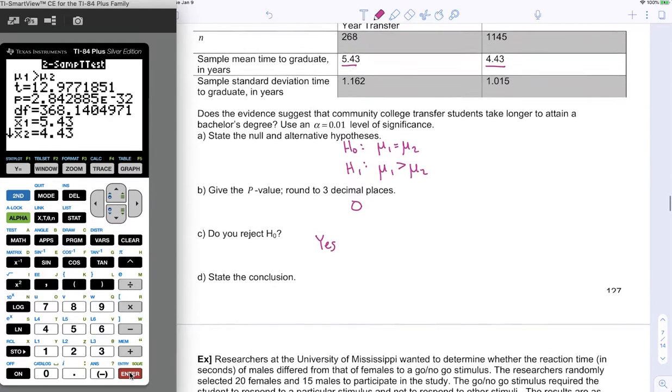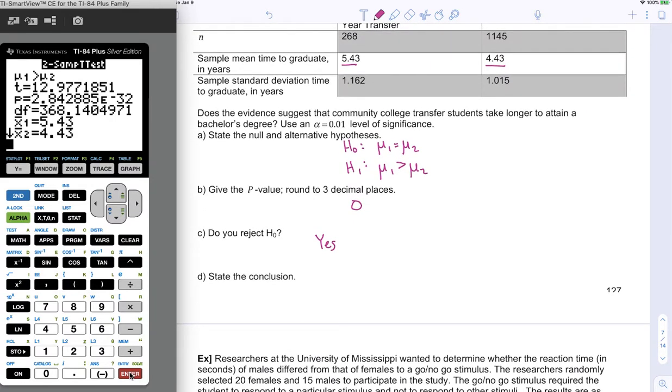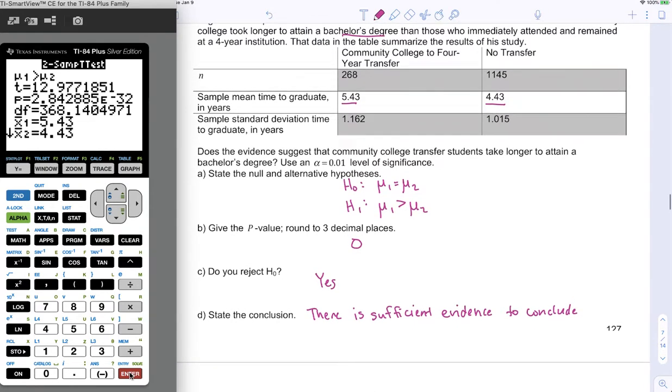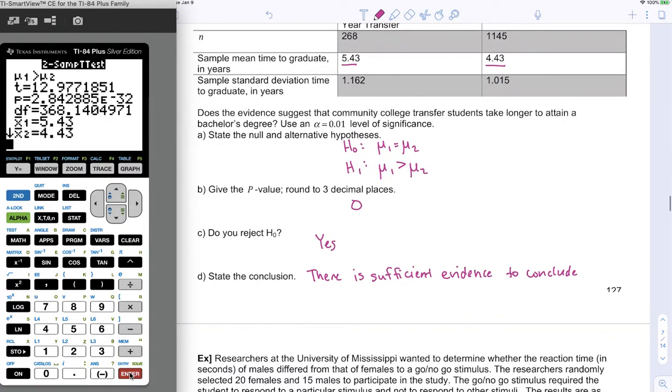Okay, so state the conclusion. Well, there is sufficient evidence to conclude, and then let's see what the alternative was. It takes longer to obtain a bachelor's degree for transfer students than those who immediately attend a four-year institution.